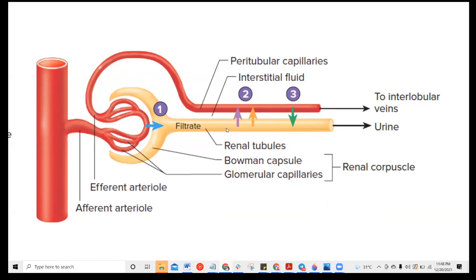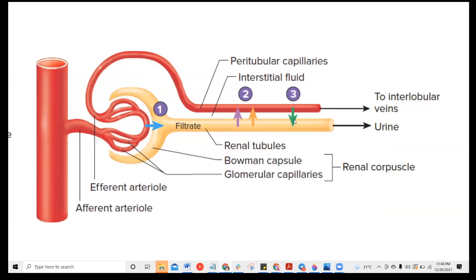Water is reabsorbed from here, the orange arrow, across the wall of the renal tubule by osmosis. Well, we already talked about what osmosis is. Water and solutes pass from the interstitial fluid into the peritubular capillaries. So here you can see peritubular fluid.